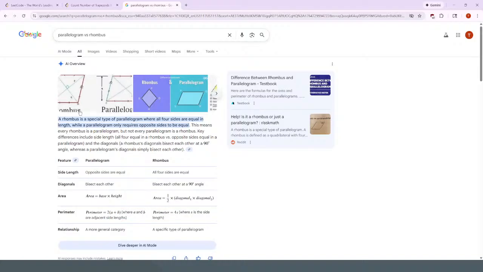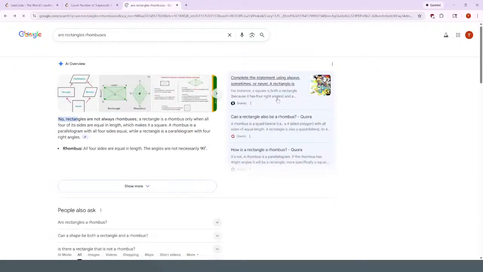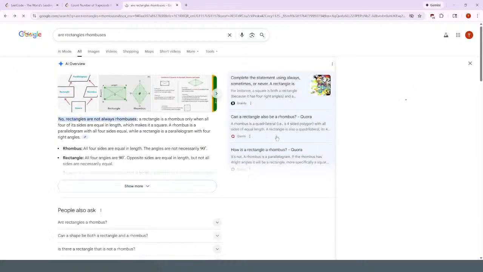Rectangles don't need to have the same side lengths on the opposite sides. Or rectangles do need to have the same side lengths on the opposite sides. They don't need to, or yeah, okay.